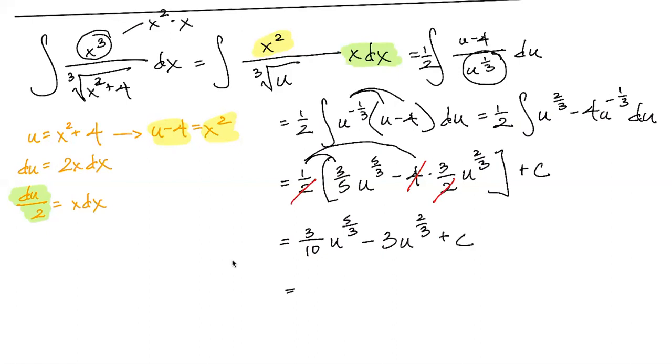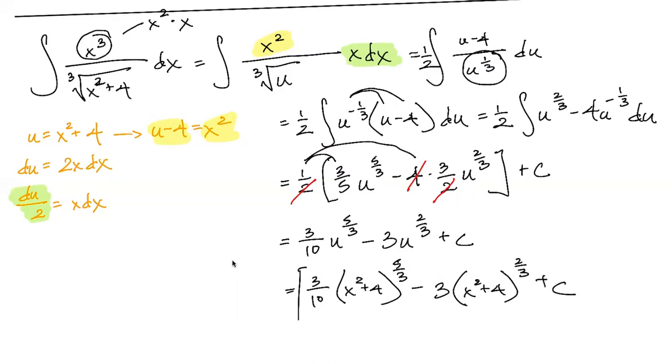And then we have to go ahead and fill back in our x's. So 3/10 times x squared plus 4 to the 5/3 minus 3 times x squared plus 4 to the 2/3 plus c.